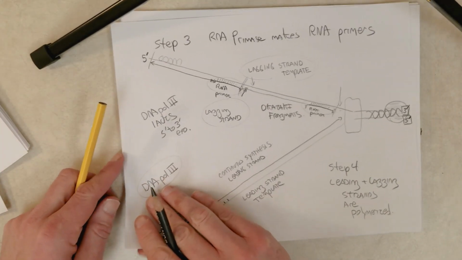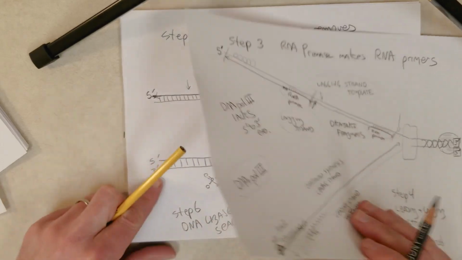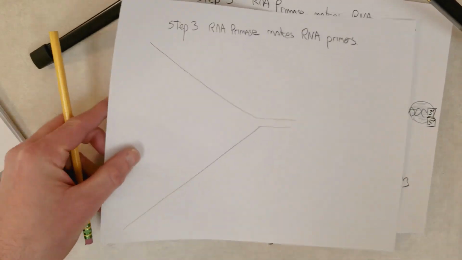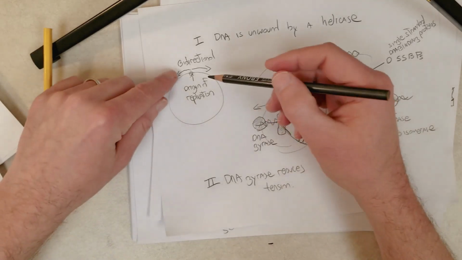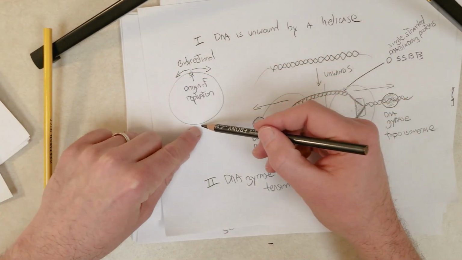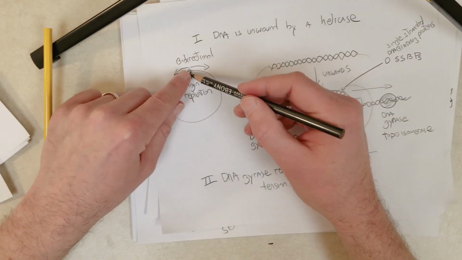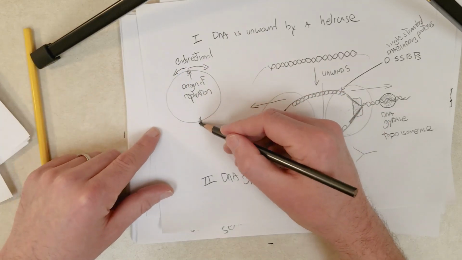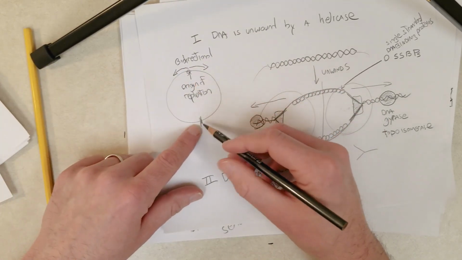Now again, completion of replication, after we have our original picture, after the forks have completely come around and replicated that whole chromosome. Replication ends approximately halfway down here.